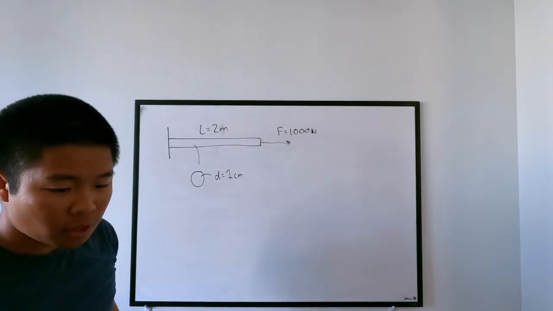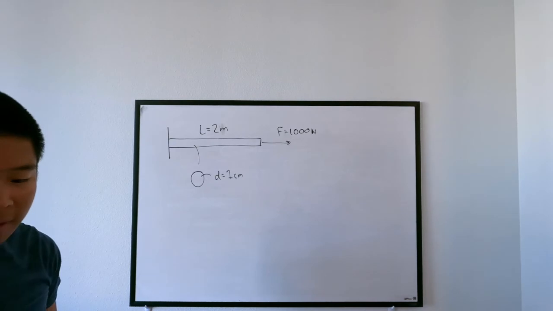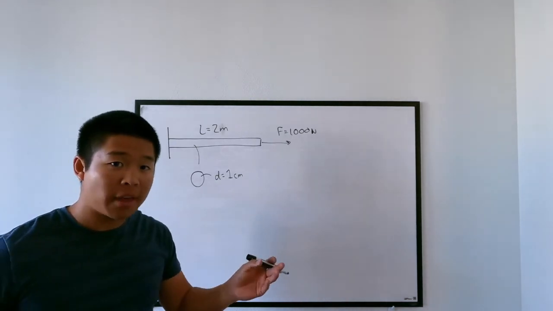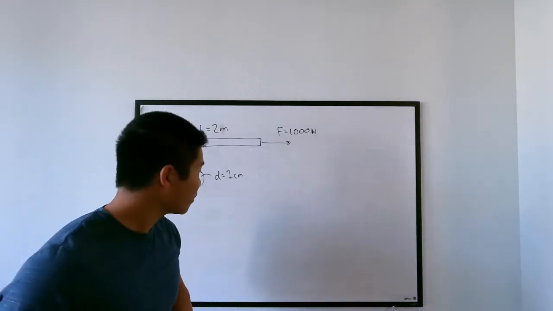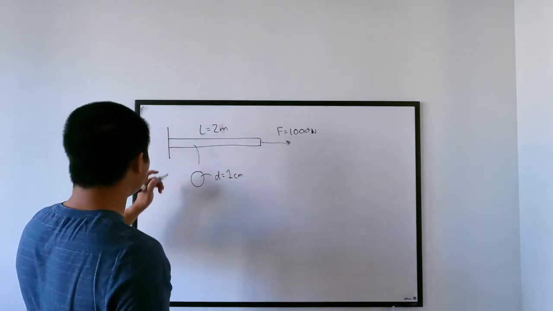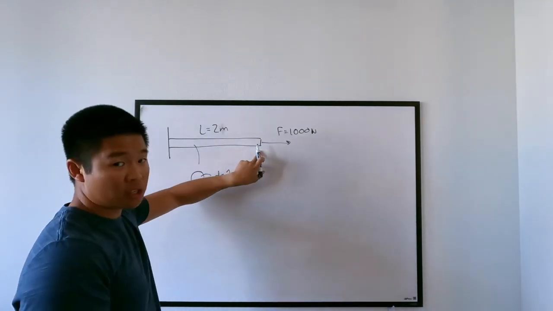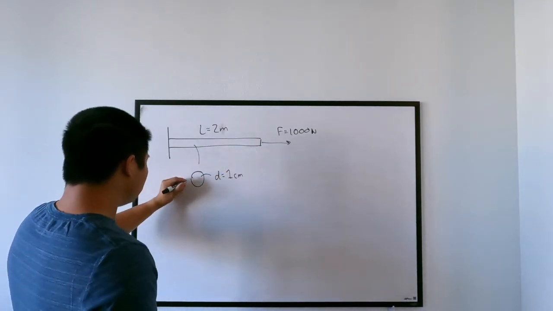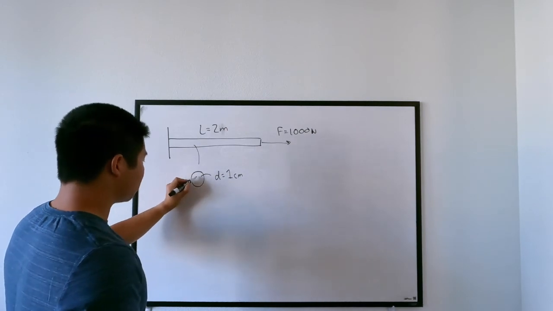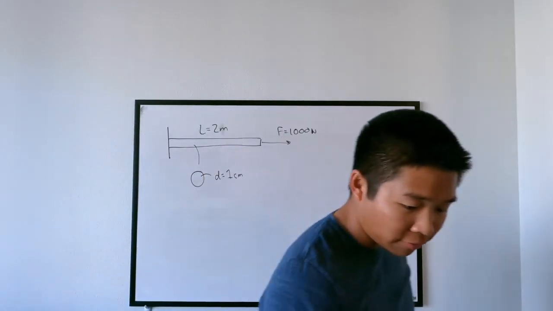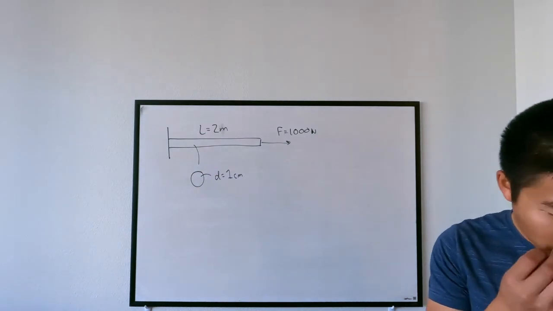In this problem, we are going to find the strain and then the deflection. We're given everything. We know that this is a cantilevered rod that is stuck to the wall, and the cross-section is just a circle with a diameter of 1 centimeter.